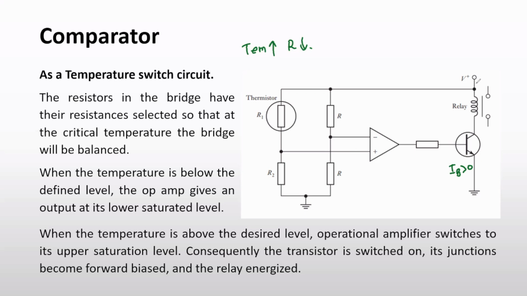So if the supply voltage is V plus and here it is grounded, and consider this branch, the voltage here is 0 volts and here V plus. So what is the voltage here? Because you know there is R1 and R2, both are similar values.